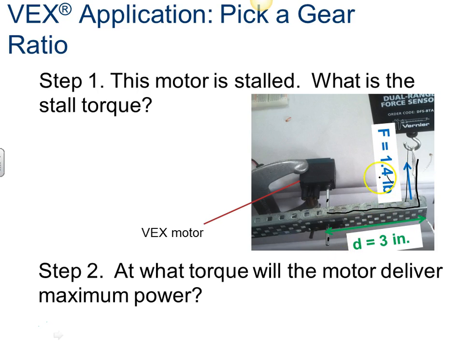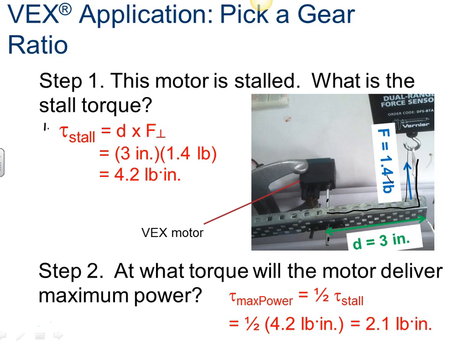We've got 3-inch beams or bracket, and then we've got a 1.4 pound force applied at 90 degrees to it. That gives us 4.2 pound-inches of torque. And so this is the actual torque.